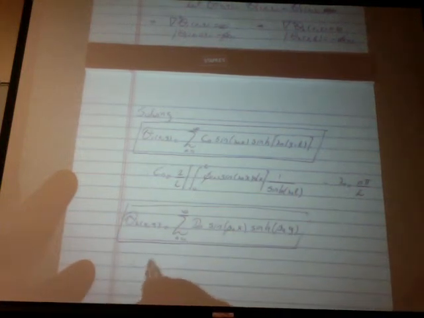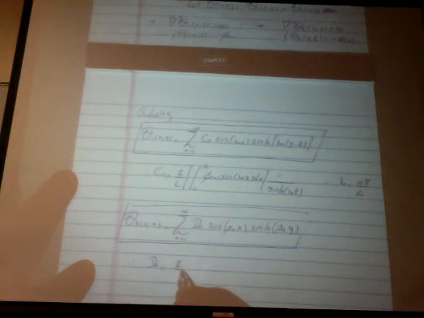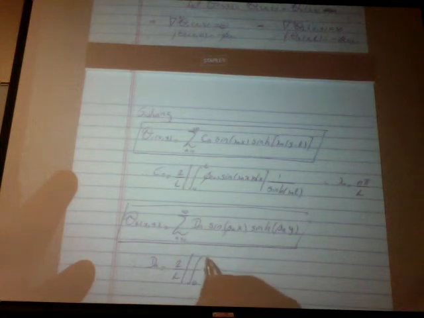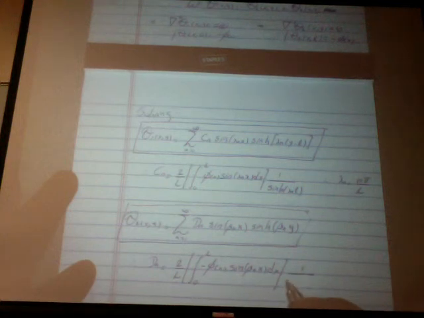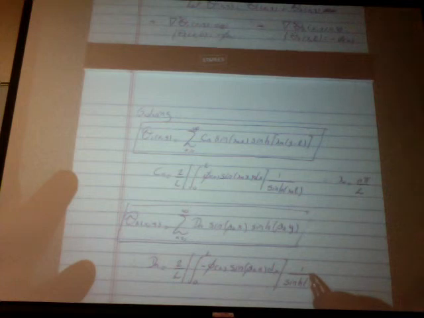Such that Dn is equal to 2 over L integral from 0 to L of minus phi of x sine of beta n x dx times 1 over sine hyperbolic of lambda n. This should not be lambda n.